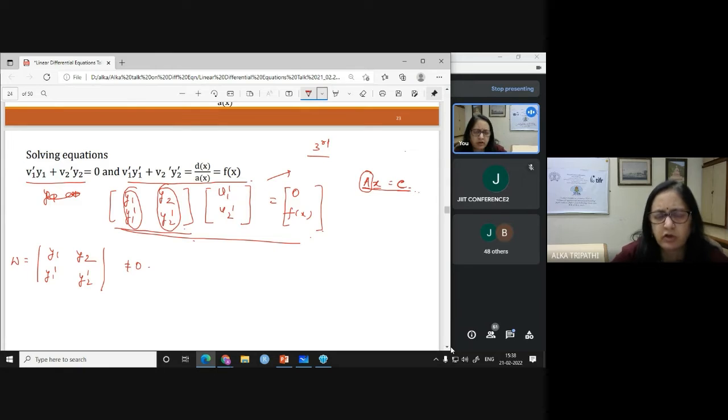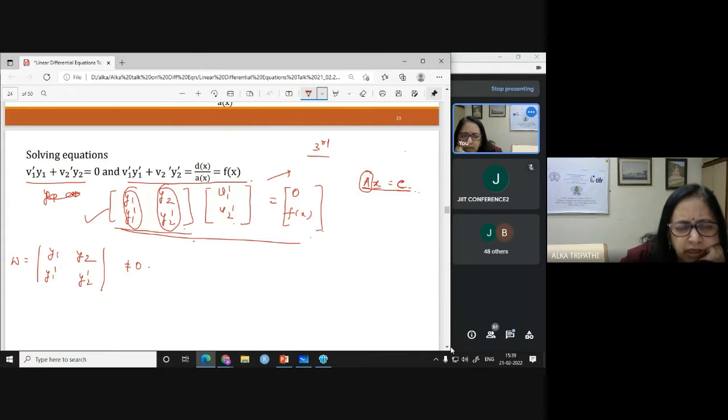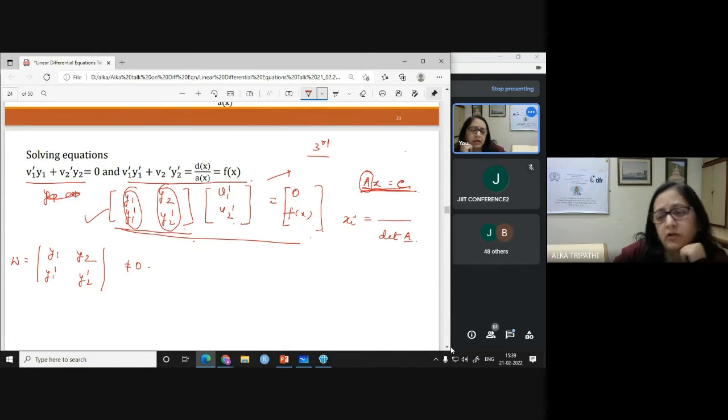So the determinant is non-zero. We can use Cramer's rule to find the solution of this matrix, to get the values of v1 dash and v2 dash. Cramer's rule says that if Ax equal to C is any system of equations, then xi will have a solution equal to the determinant of Ai divided by the determinant of A, and this is possible only if A is non-singular.